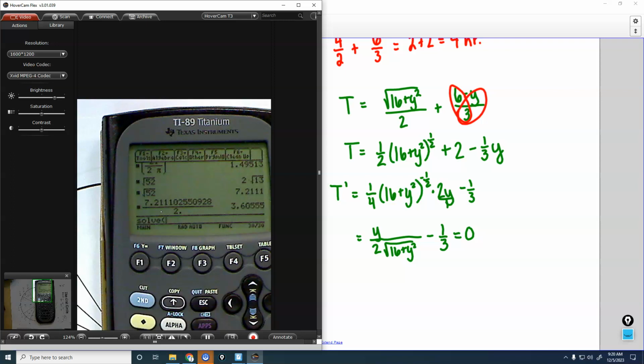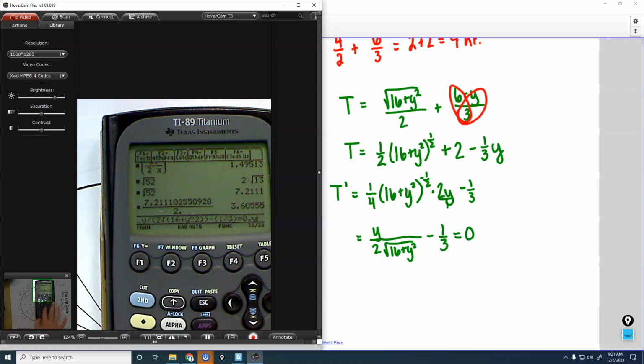So solve. We're going to do y divided by, you need a set of parentheses here, 2 square root of 16 plus y squared, minus 1/3 equals 0, comma y.